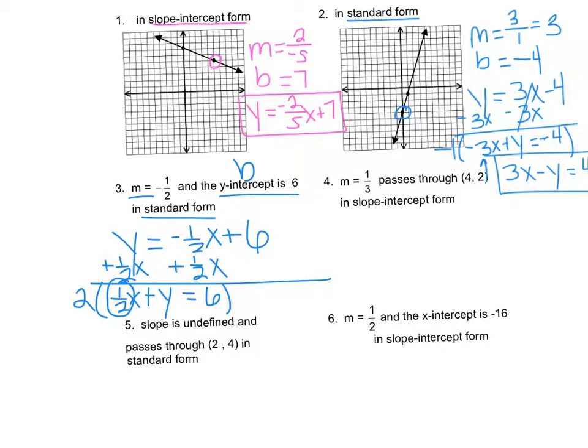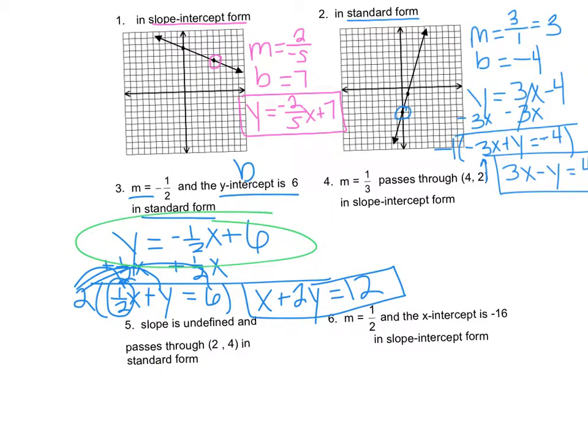So 2 times 1/2 x would just be x. 2 times y would be 2y. And then don't forget about the 6. 2 times 6 would be 12. So there's your standard form. To check that, you could just solve for y, and it should give you back your slope-intercept form. So that would be your standard form equation there.